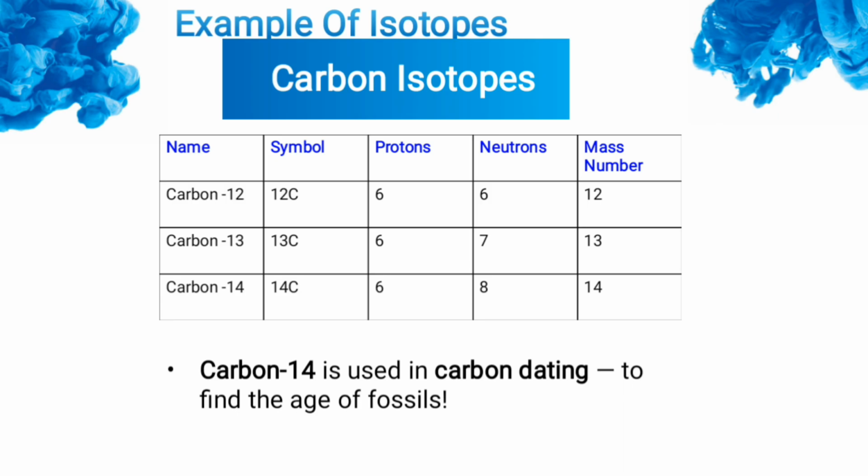And carbon 14 has 6 protons but 8 neutrons, so its mass number is 14. My dear student, carbon 14 is used in carbon dating to find the age of fossils.